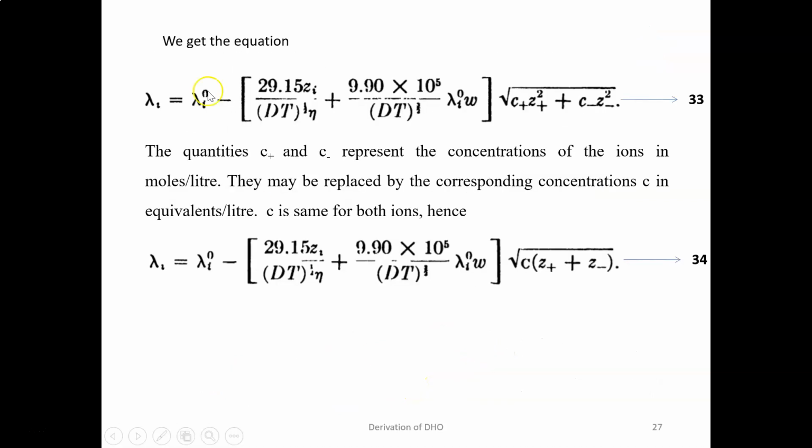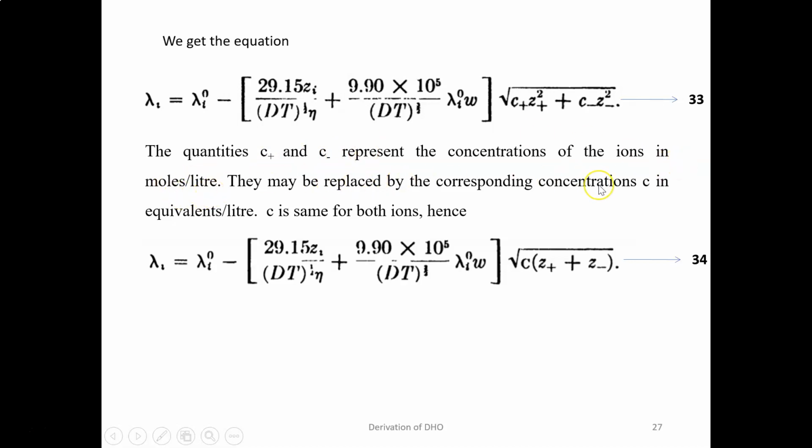We will have the relation lambda i is equal to lambda 0 i minus 29.5 Zi divided by dt raised to 1 by 2 eta plus 9.9 into 10 raised to 5 divided by dt raised to 3 by 2 lambda i0 omega, the whole multiplied by root of c plus z plus square plus c minus z minus square. The quantities c plus and c minus are the concentrations of the ions in moles per liter.